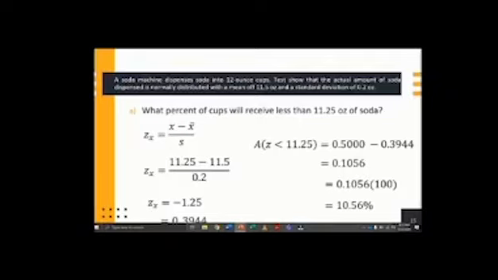Kukunin natin dito yung sagot ay yung percent.